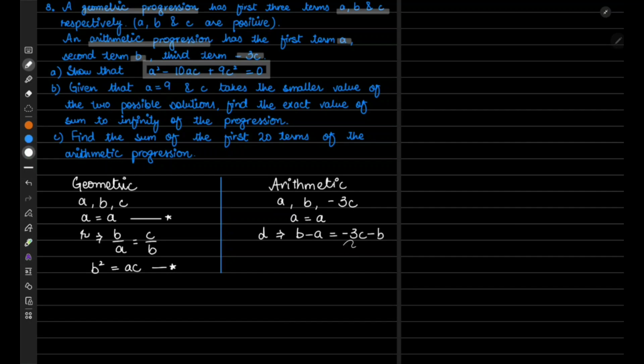So in this way we get 2B, B here will add up on the other side, 2B equals A minus 3C.